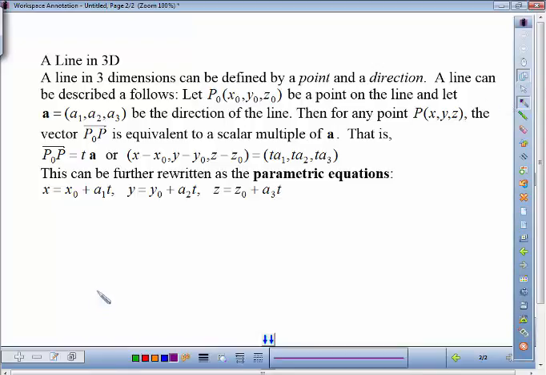If you have a point P naught, and a direction A given by A1, A2, A3, then for any point P, some random point x, y, z, the vector from P naught to P is equivalent to some scalar multiple of A. Does that make sense?